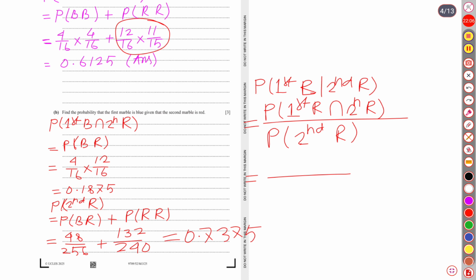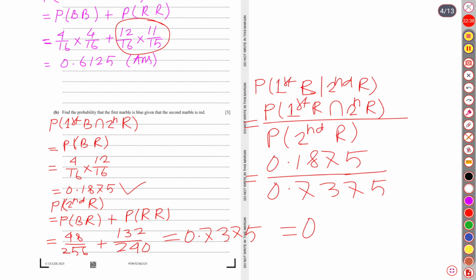So we will write this one. 0.1875 will be divided by, when both of them are red, I mean only second red, it is 0.7375. So finally our answer is going to be 0.1875 over 0.7375. It's 0.254, which is our final answer.